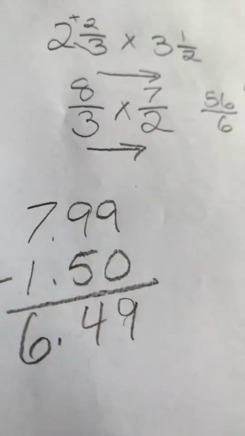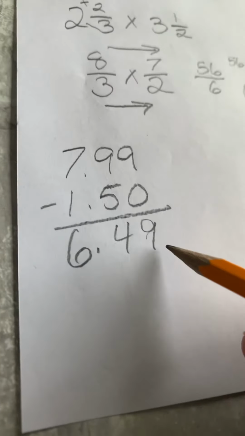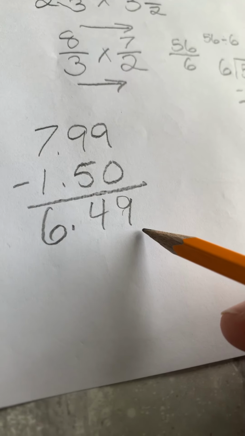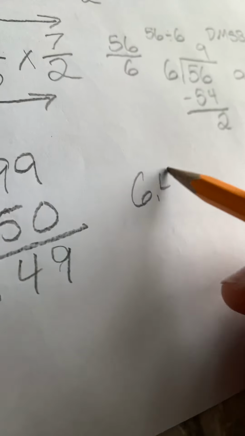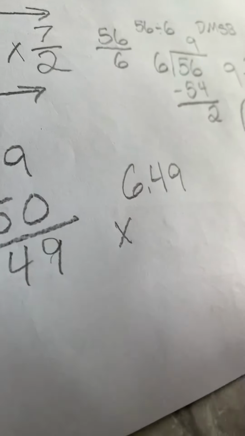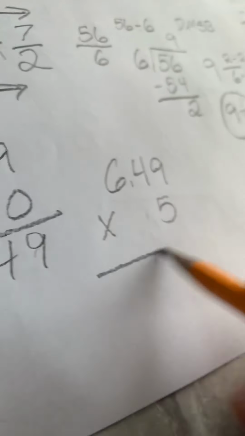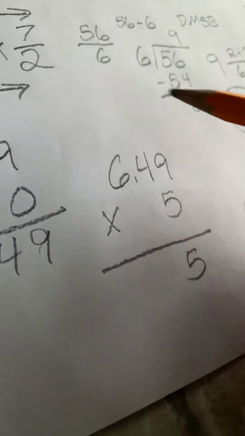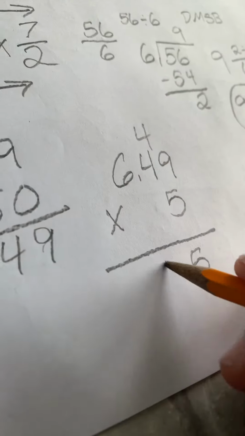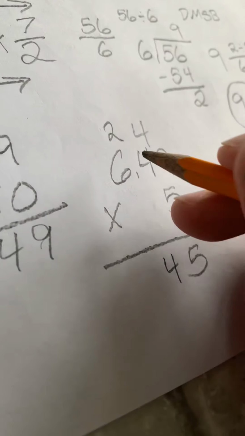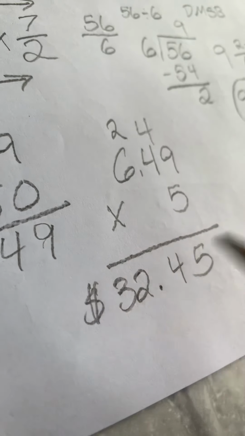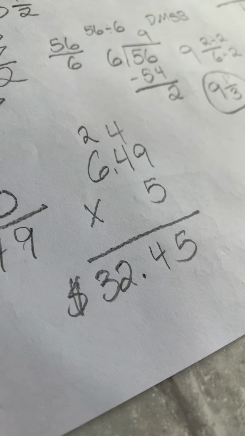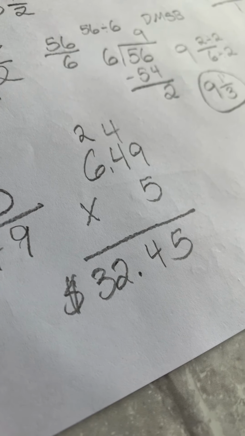Okay, so each pizza is now actually going to cost $6.49. Now I'm going to take $6.49 times 5, because we're buying 5. 45, 24, 30, 32. So to get all 5 is $32.45.